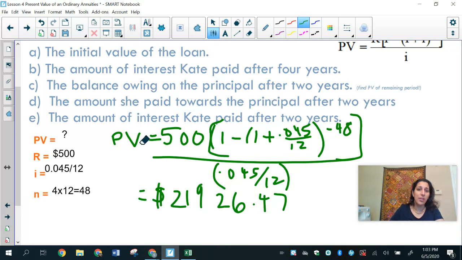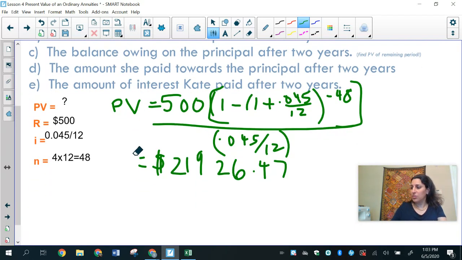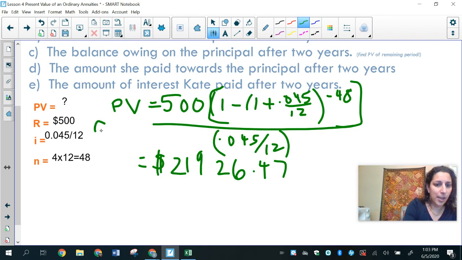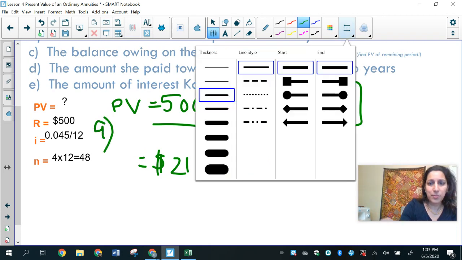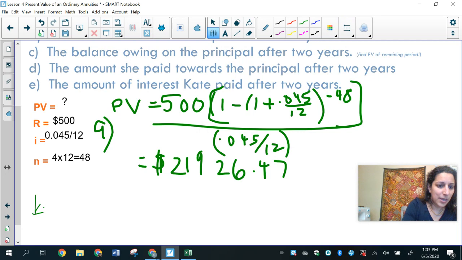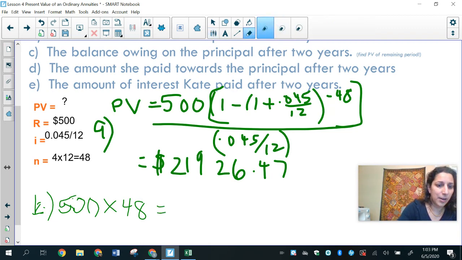How many times did you do that? 48 times. So for B, the first thing you're saying is she's making $500 payments, and she's doing that 48 times.